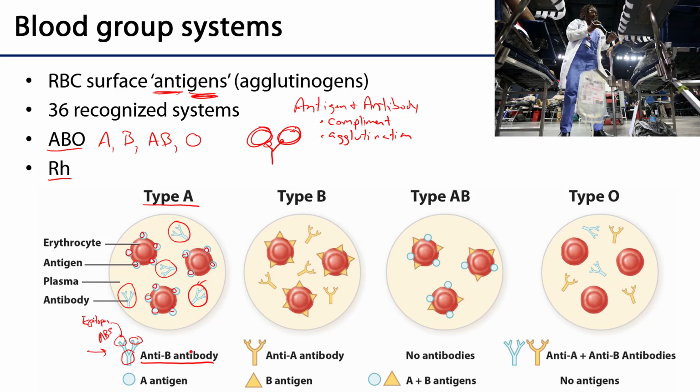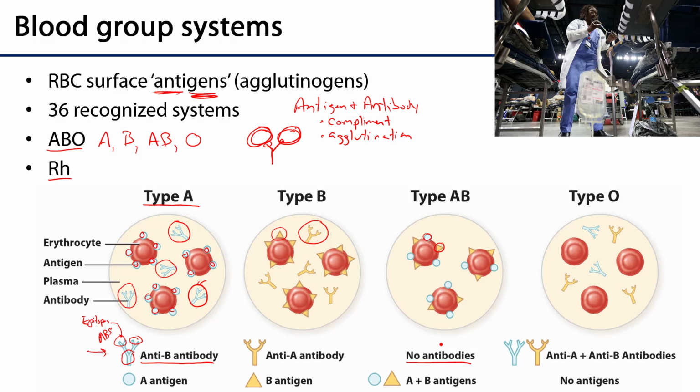With type B blood, their erythrocytes have the B antigen on the surface, and they have anti-A antibodies within the plasma. People who are type AB have both A and B antigens on the surface, and they have no antibodies in the plasma. And that makes sense because if they did, their own antibodies would destroy their erythrocytes, which would be bad.